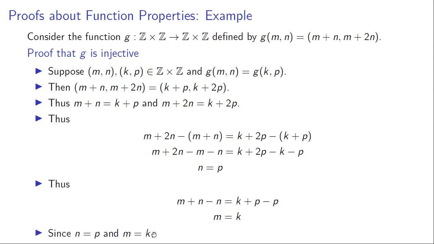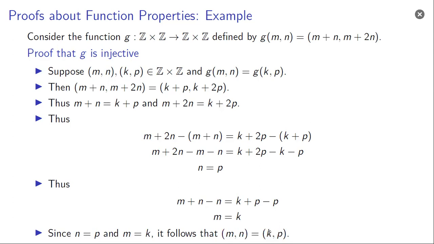So what do we have? Since we found that n is equal to p, and we also found that m is equal to k, it follows that m comma n is equal to k comma p, right? M is equal to k, n is equal to p. The corresponding items in the pairs are equal, so therefore the pairs themselves are equal.